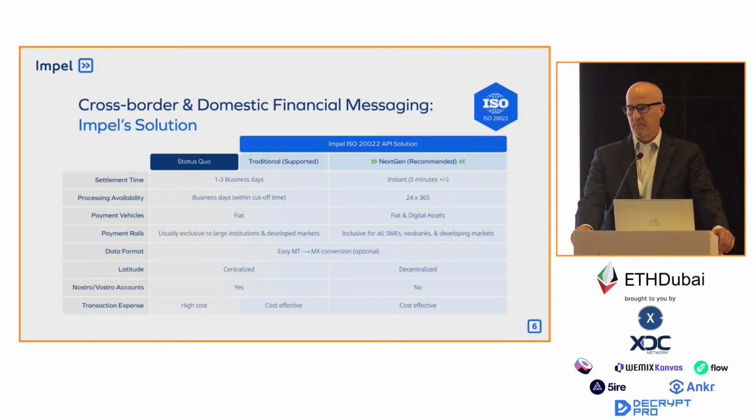Our next generation model allows for instant settlement 24/365, no longer requires Nostro Vostro accounts, no longer requires the central bank to settle up at the end of the day. In essence, it's a peer-to-peer model. So each entity would run their own gateway node hosting Impel's API.